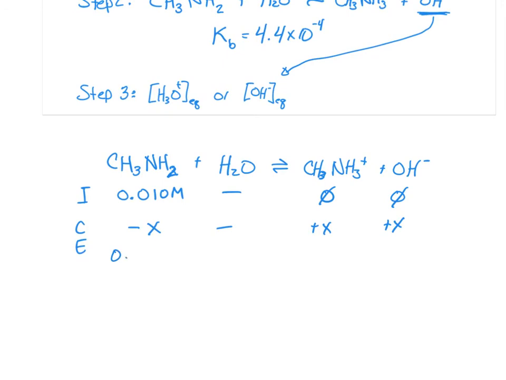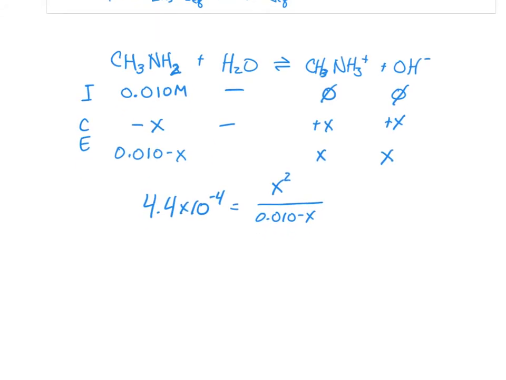And so at equilibrium, I get 0.010 minus X, and X, and so I can set up my expression that 4.4 times 10 to the minus 4 is equal to X squared over 0.010 minus X. So to do this, we use the quadratic equation or the approximation, and we find that X is equal to 1.89 times 10 to the minus 3 molar.